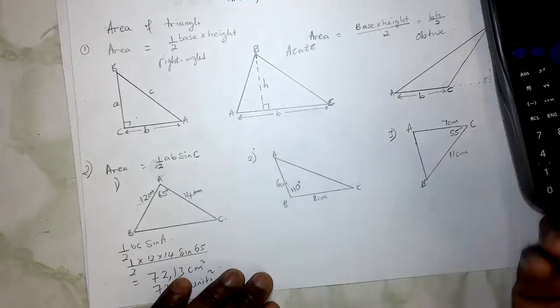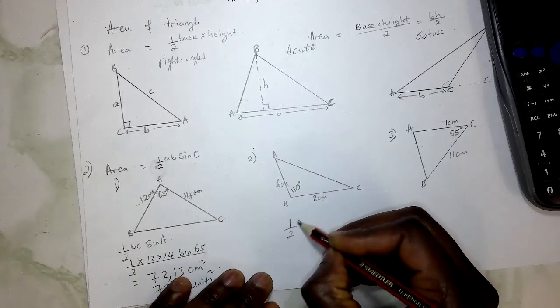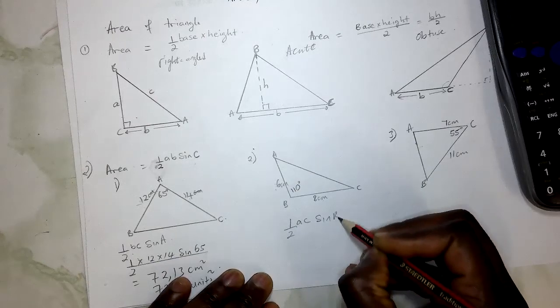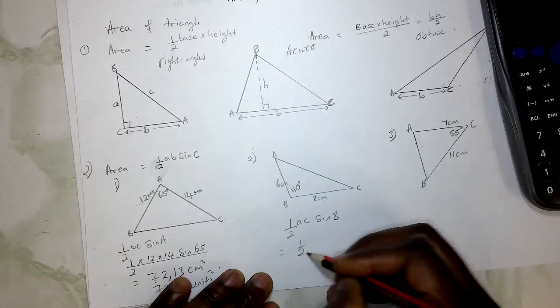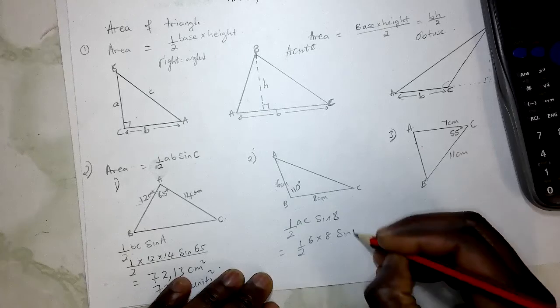Now, for the next one here, it's going to be half A C, the small side C, sine B. Here it's going to be half of 6 times 8 times sine 110.